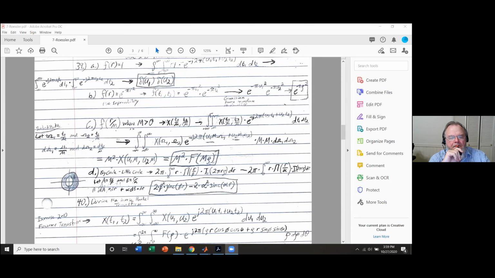When you substitute omega equals t1 over m, and take the derivative of that, you get a factor of m in your substitution. So you're left with an m squared of the Fourier transform of u1m, u2m. Okay, that's perfect. Go ahead and unshare your screen. No, that's perfect.